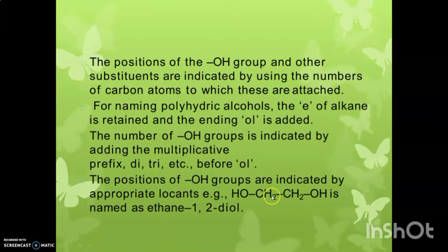There are two carbon atoms, so that will be ethane. Then we give the positions where the hydroxyl groups are. The first carbon atom has a hydroxyl group, and the second carbon atom has a hydroxyl group, so we call it ethane 1,2. Two hydroxyl groups are there, so di. So the name will be ethane-1,2-diol.